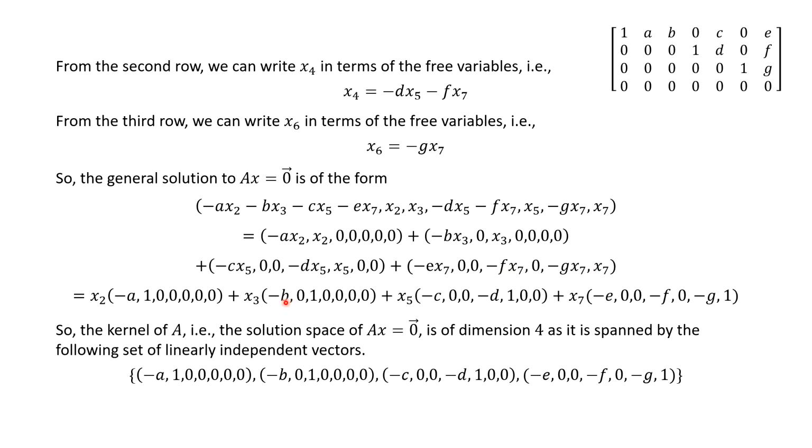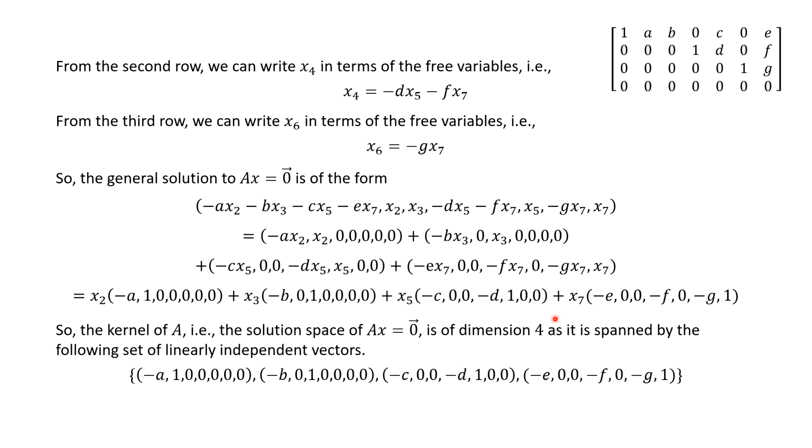And then what we have is a linear combination of four linearly independent vectors. You can check these are linearly independent. They have ones and zeros in different places, so you can't write one in terms of the other three. And that basically says that the dimension of the solution space of Ax equals 0 is 4.